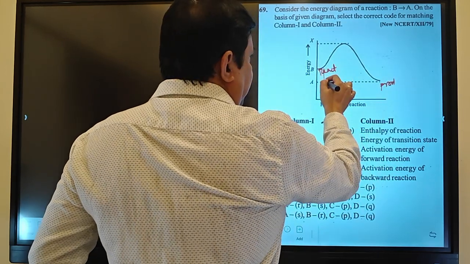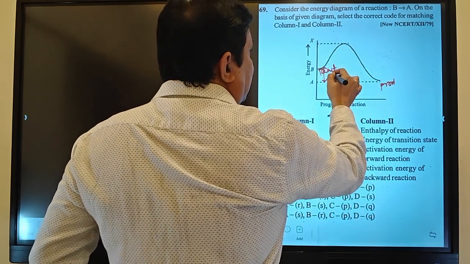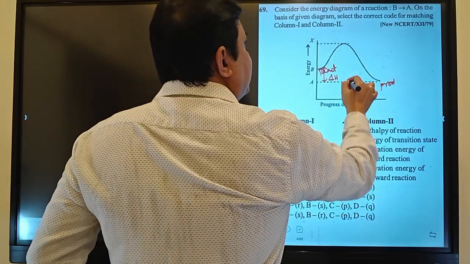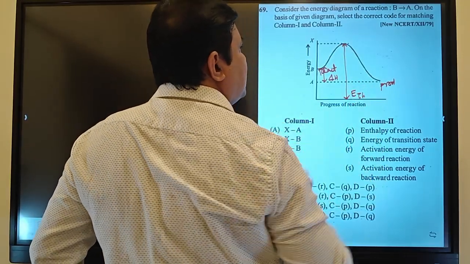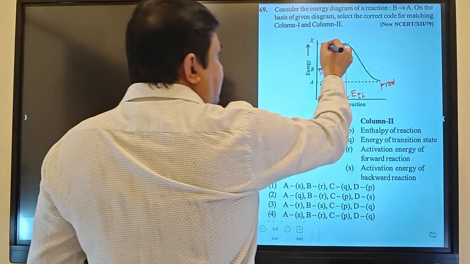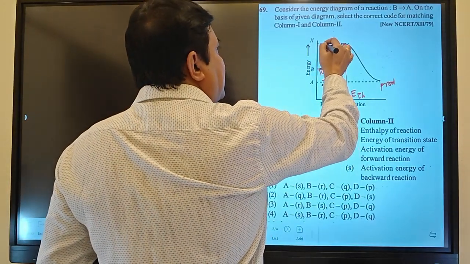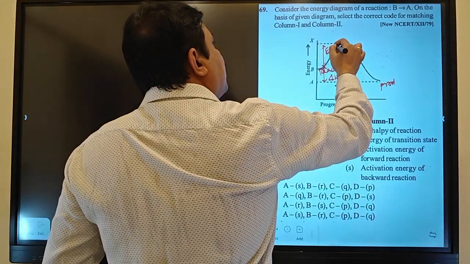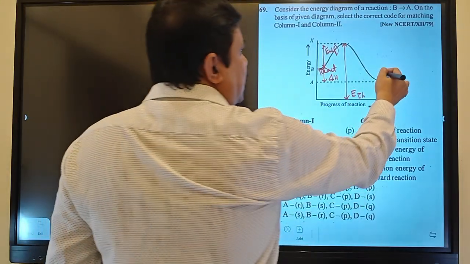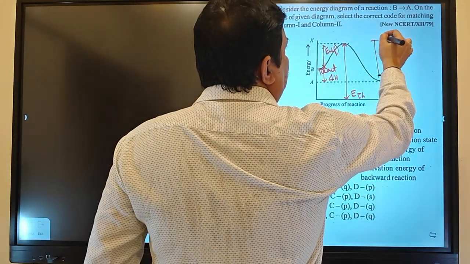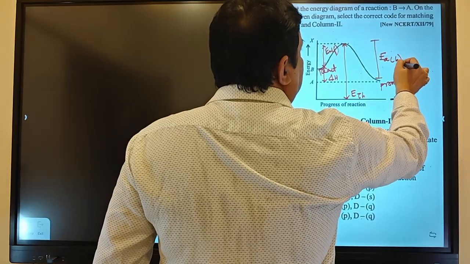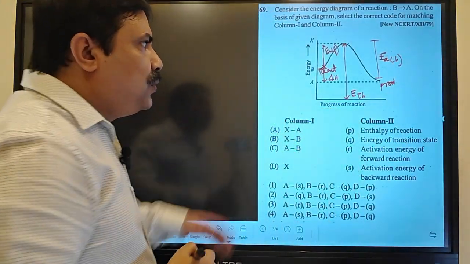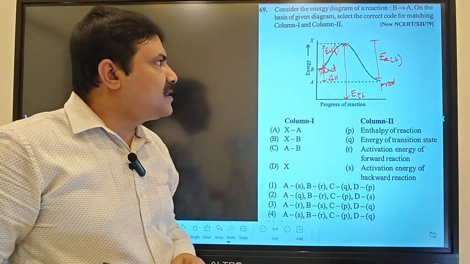This difference is nothing but your delta H of reaction, and this to this is called the threshold energy. From the potential energy of the reactant to this level is called the activation energy for the forward direction, and from the product potential energy level to the peak of this diagram is called the activation energy for the backward direction. Now if you know these things, everything is clear.